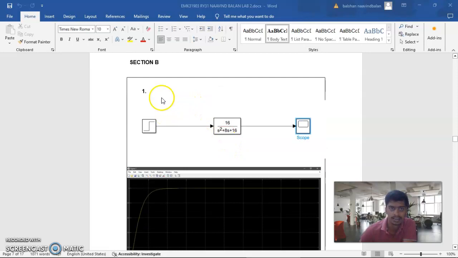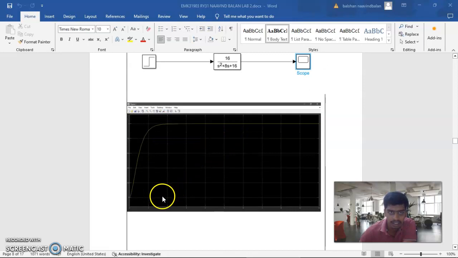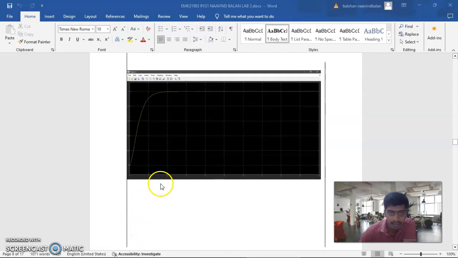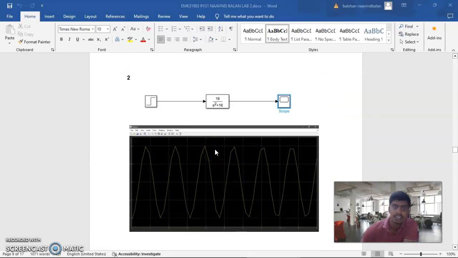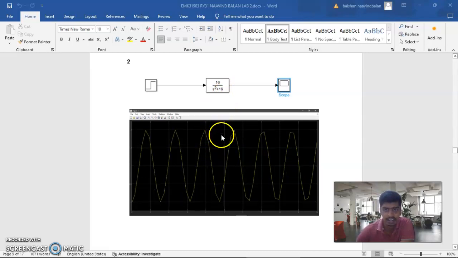Now the second question, for section B. Step function, transfer function and scope. This one they already gave at the top. The steady state will be given by 2.8 or 2.7. For 16 over 2s plus 16, there will be no steady state here.